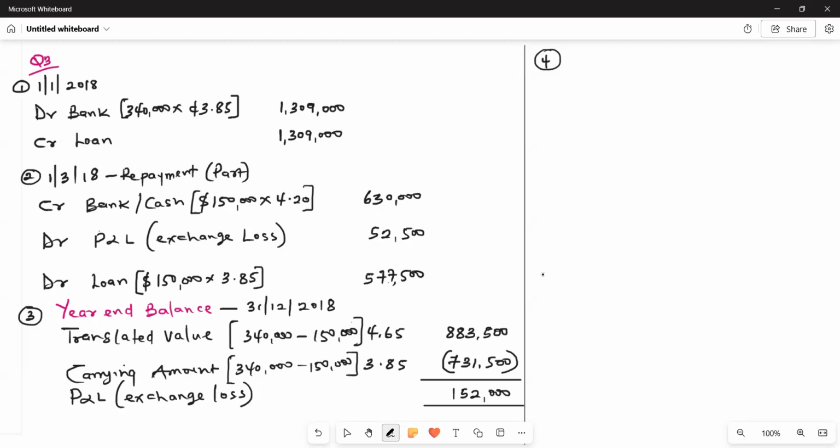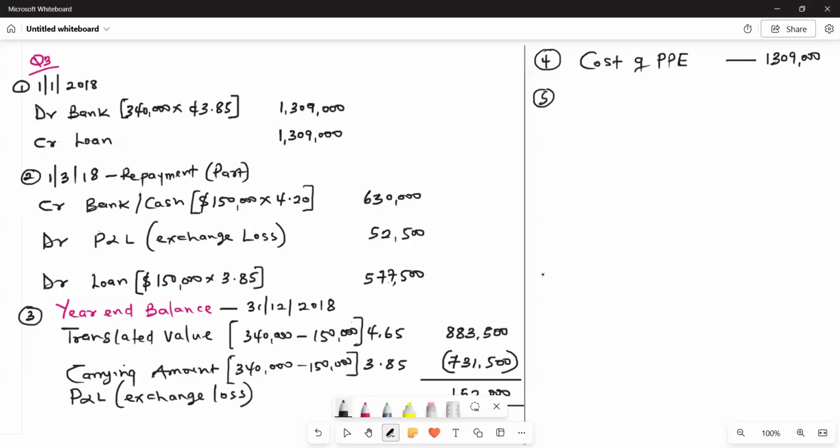So the cost of the PPE, do you agree that they said they used the whole 340? So it means that it will be 1,309,000. Do you agree? Yes.